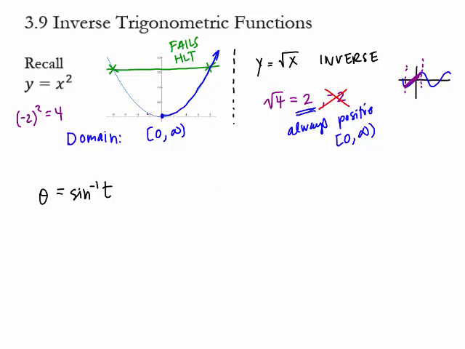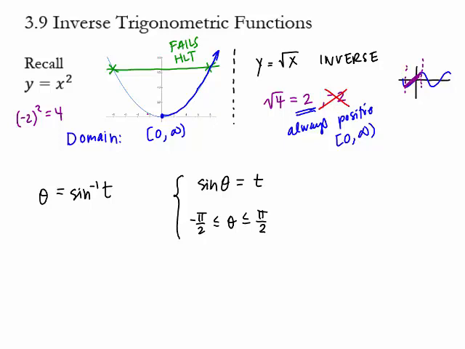But we do that on a restricted domain from negative pi over 2 to positive pi over 2. Just the slice chosen by convention, already chosen for us. We don't have to think about that too much. And we also remember that the inverse sine of t means that the sine of the argument theta, the value of the independent variable, is equal to that t value.